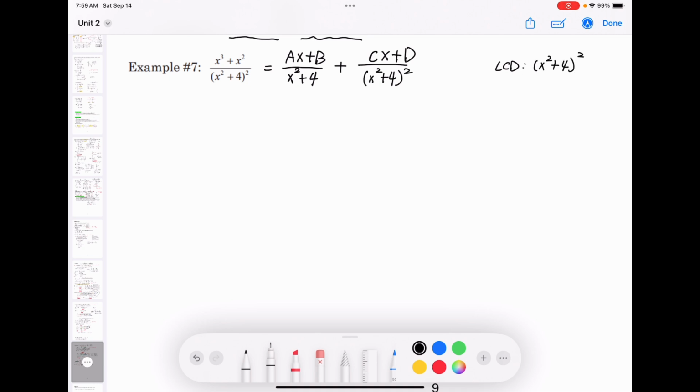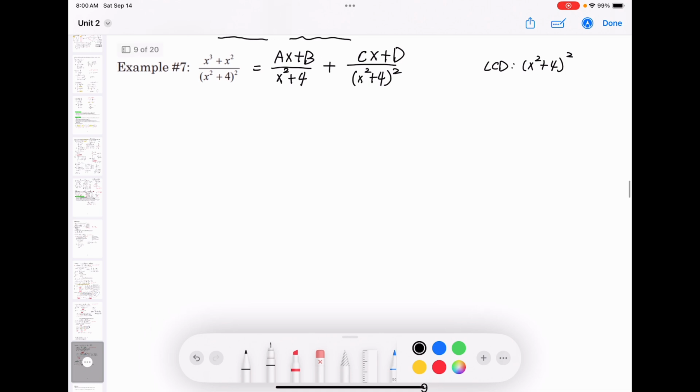Let's multiply the LCD on both sides of the equation. I don't want to copy it. So we have x cubed plus x squared is equal to ax plus b multiplied by x squared plus 4 plus cx plus d.